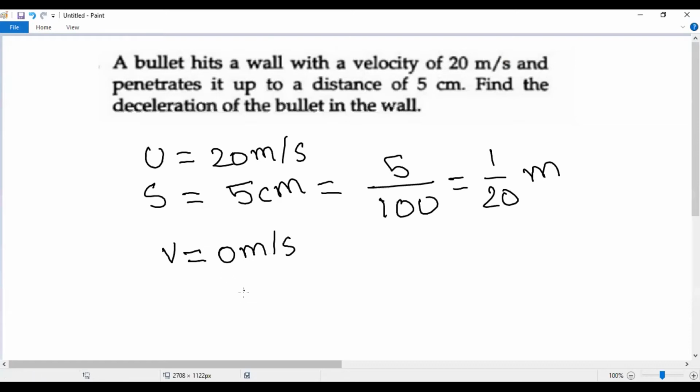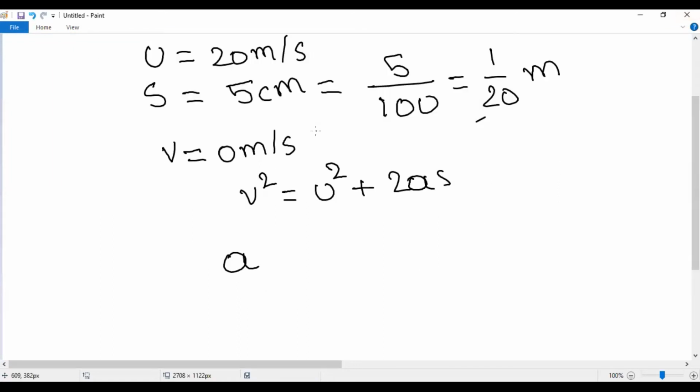So we have to use the third equation of motion here. v square is equal to u square plus 2as. Okay, so we have been given v, u, and s. So we have to find a. So to find a, we can do a is equal to v square minus u square by 2s.